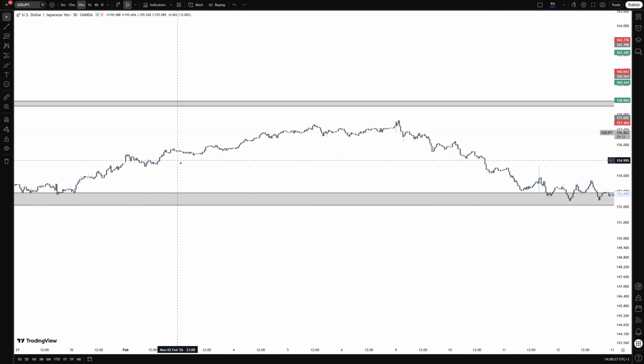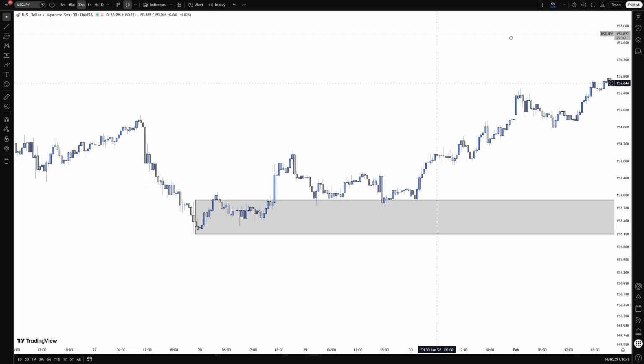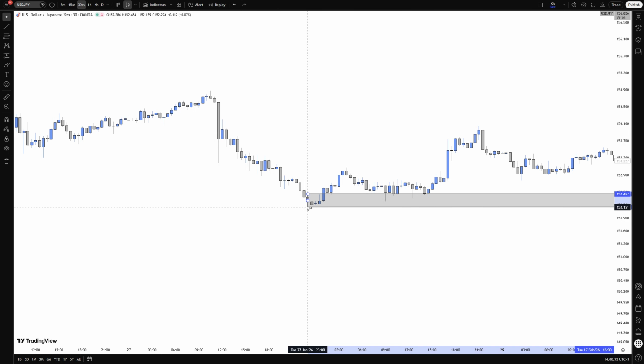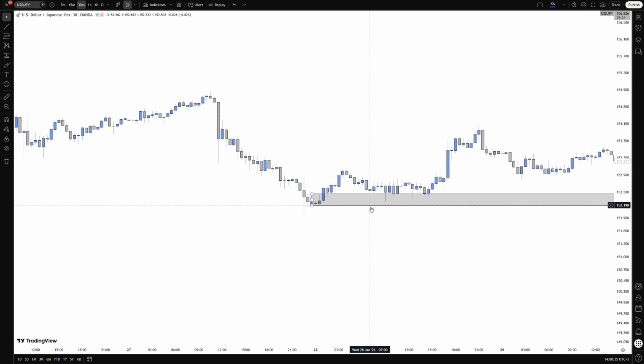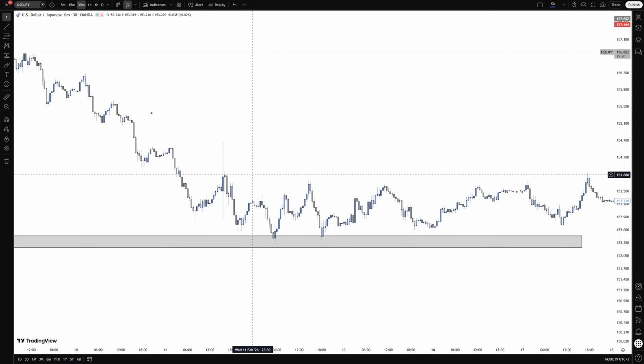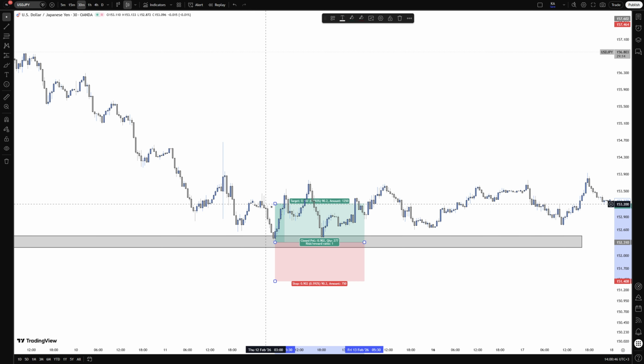Boom. And we actually tag this one because it's the last candle, the actual final candle before the swing. And then boom, it touched the zone. We said 50%, and then we entered from here, boom.